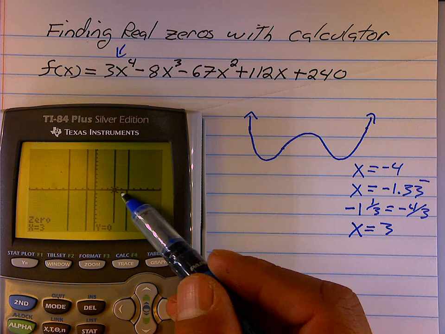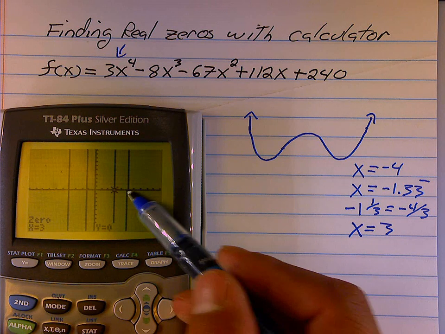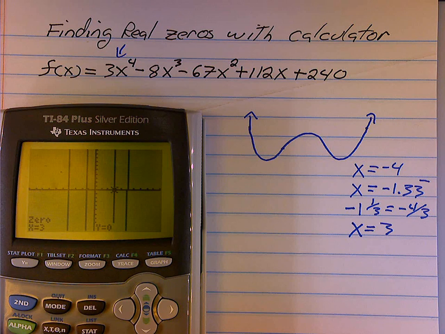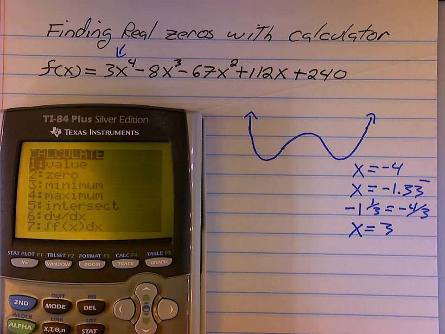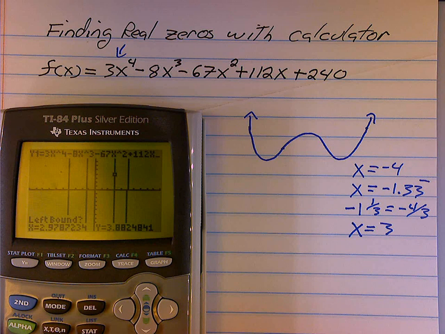And last but not least, the next one's going to be at approximately 5. So I'm going to find that by second function, calculate, zero. The left of 5 is 4. The right of 5 is 6. My guess was 5.